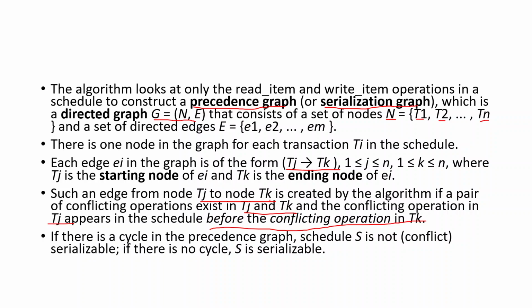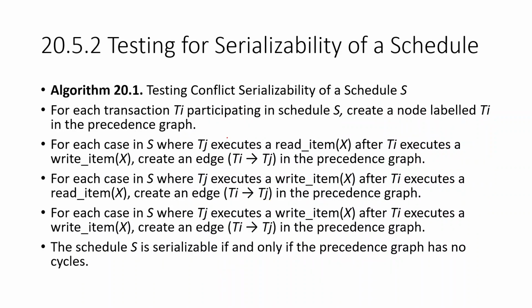So how do we draw this? In the algorithm, for each transaction Ti participating in the schedule, first of all we have to create a node labeled Ti in the precedence graph. Then we create edges from some transaction Tj to Tk, where Tj and Tk have conflicting operations.